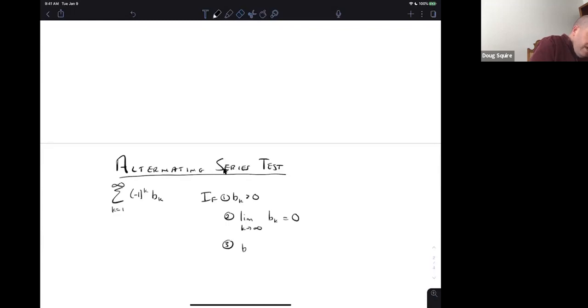And if b_k is decreasing, okay, so b_k, the non-alternating part, if that's positive, that guarantees it's actually alternating because you're taking a positive and then a negative and then a positive and negative times a positive number. If the limit of b_k is 0 and if b_k is decreasing, then the sum of (-1)^k times b_k converges.